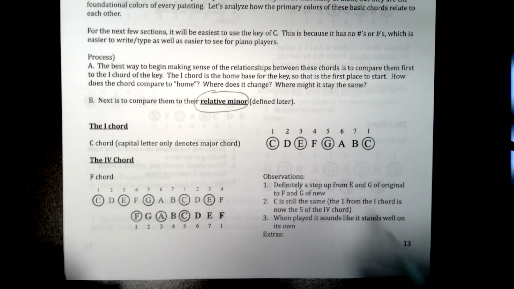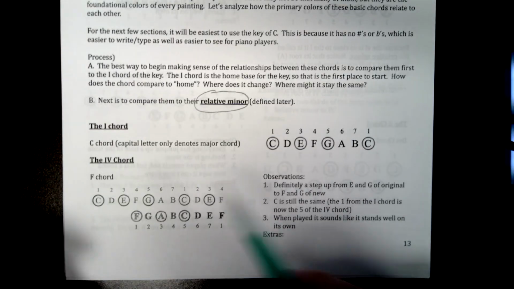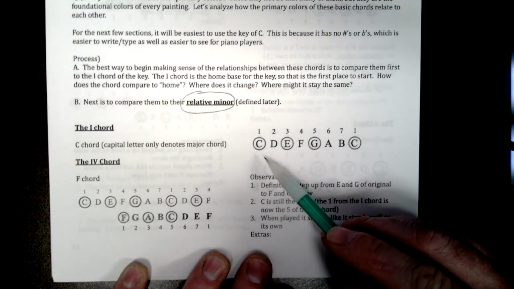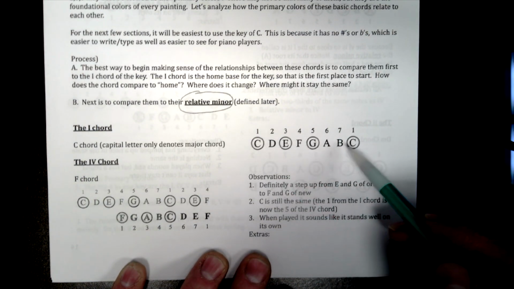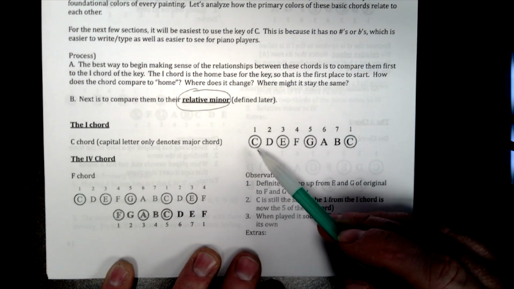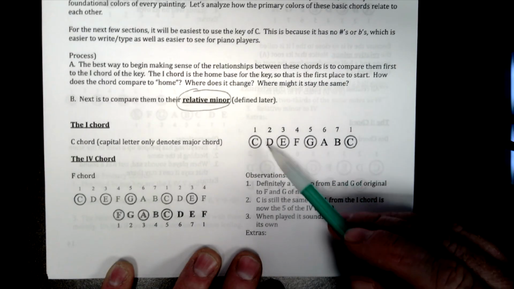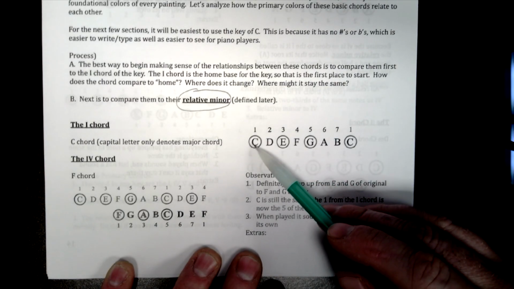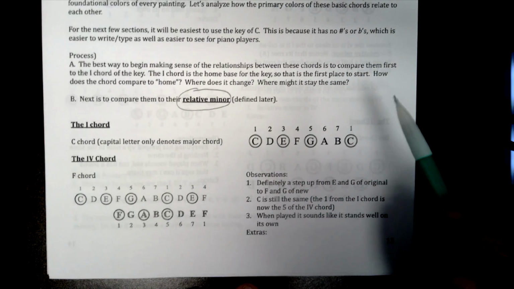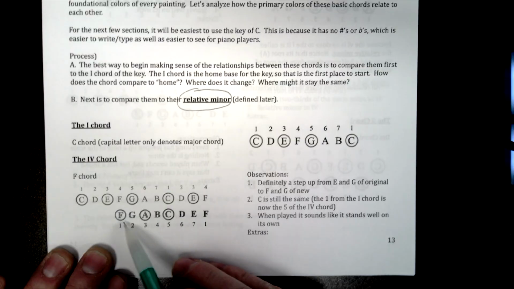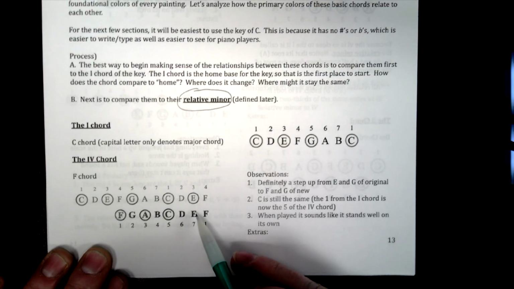All right, so let's take the one chord out of the key of the major scale, which is the C major scale here. The one chord is a 1, 3, 5, starting with 1 on the major scale. Now these are the same notes of the C major scale.